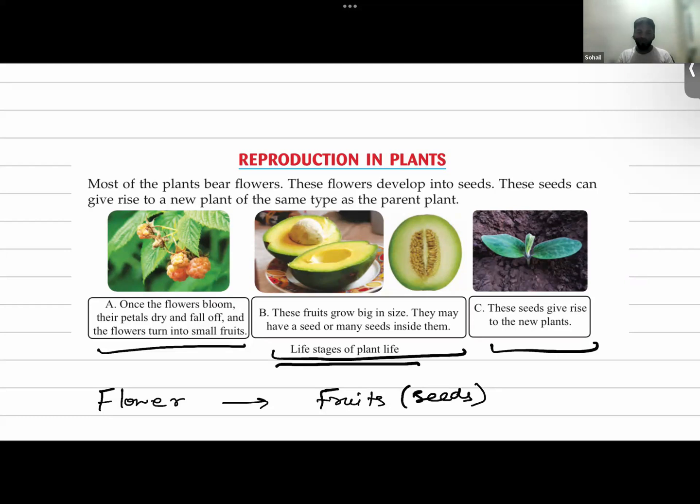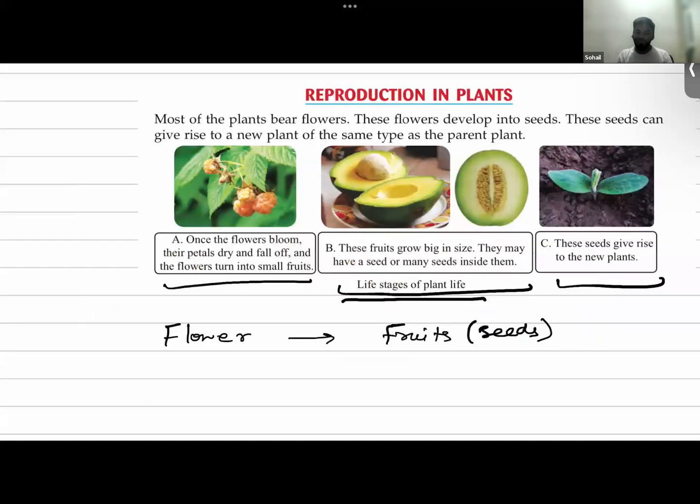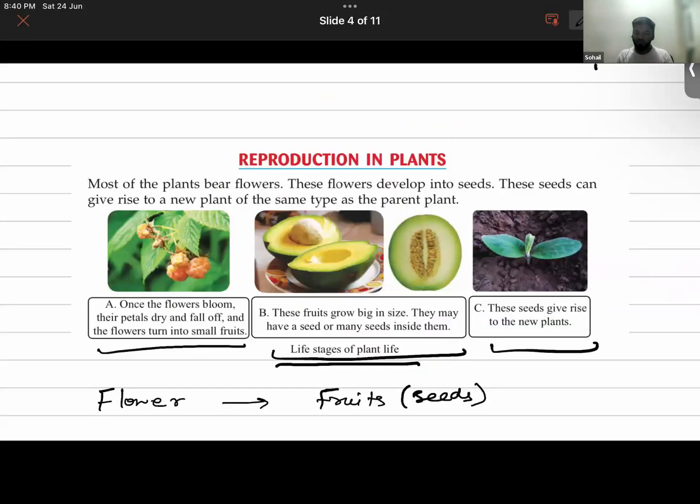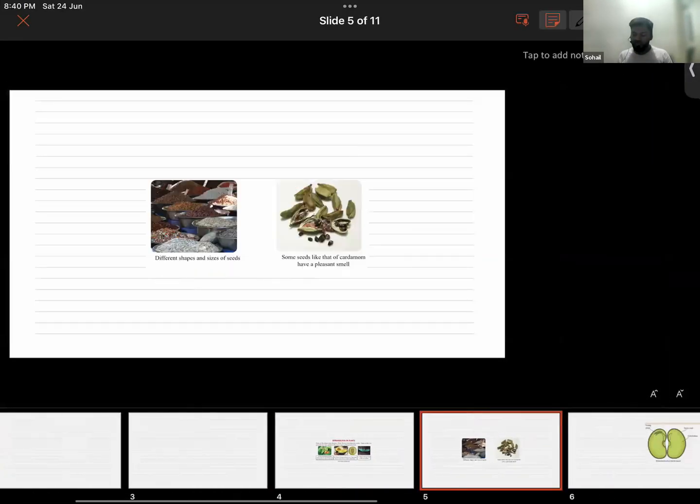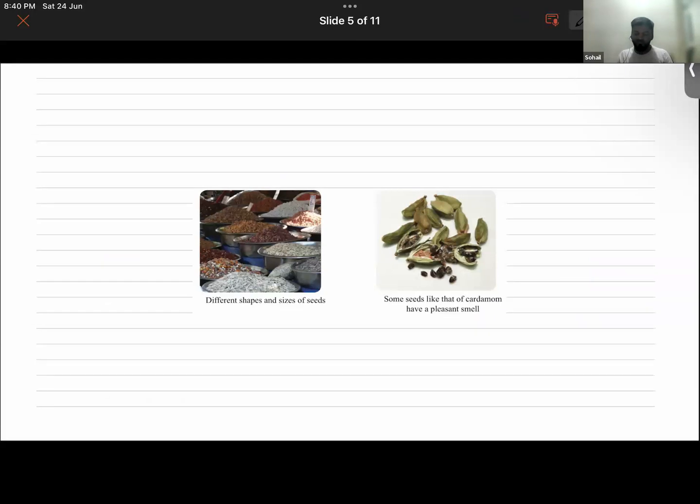Also you will see that seeds are an important source of food. Apart from growing into a new plant, those seeds can also be consumed as food.